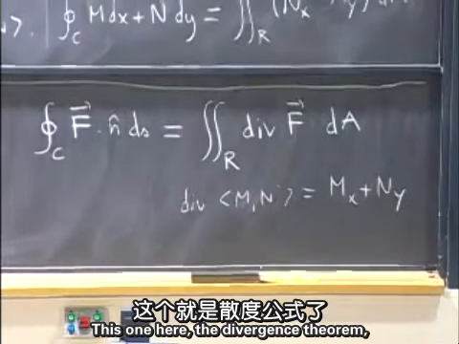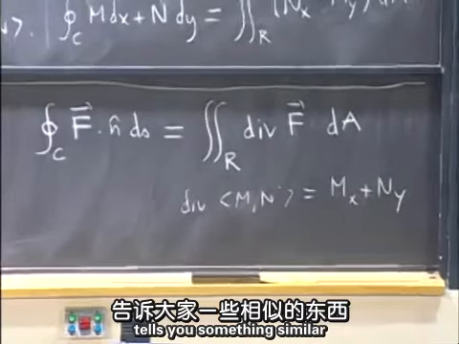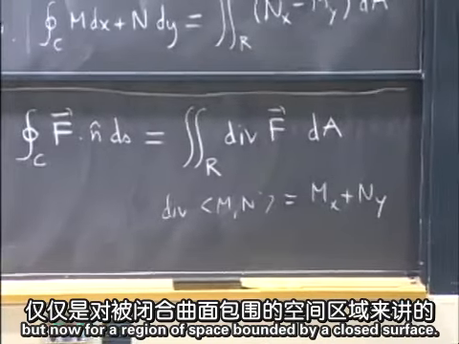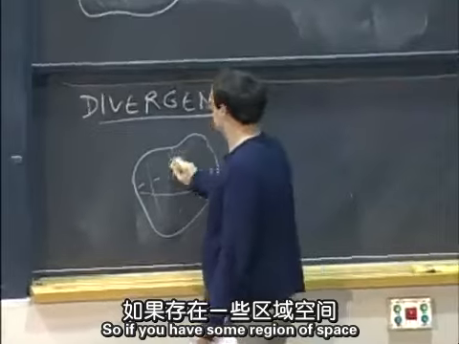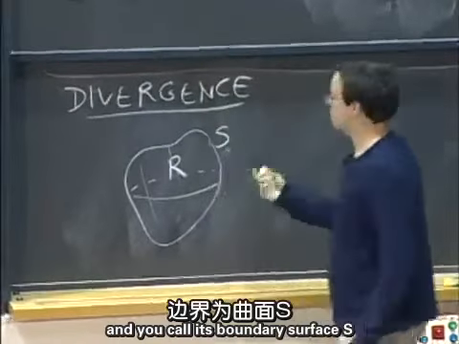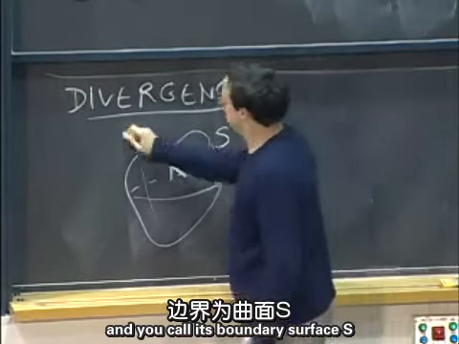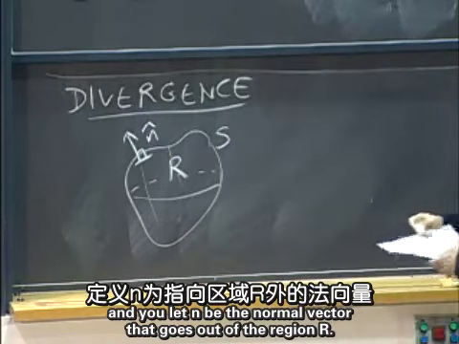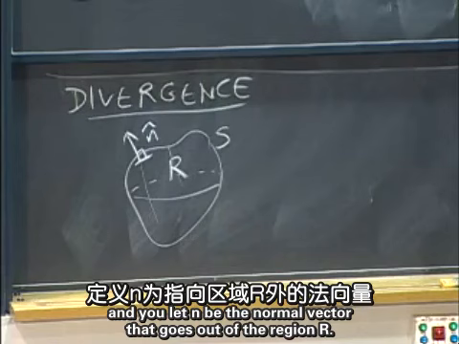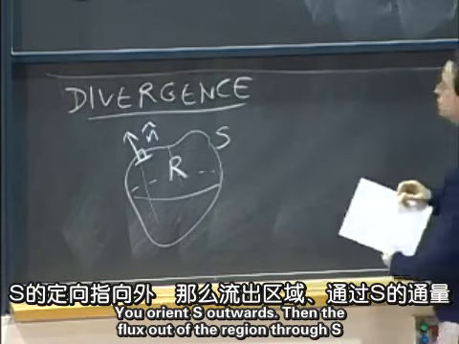This one here, the divergence theorem, tells you something similar, but now for a region of space bounded by a closed surface. So if you have some region of space, and you call its boundary surface S, and you let n be the normal vector that goes out of the region R, so you orient S outwards.